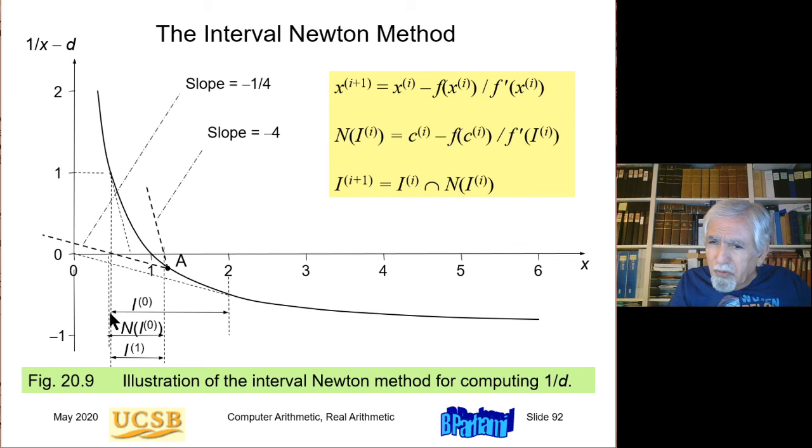If you know the root is in this interval initially, then you use the interval Newton's method to refine that interval. So I0 is the initial interval. I1 is the next interval, which is smaller. And eventually, after many steps of refinement, this interval becomes very small, and that's basically your estimate for the root of the equation.